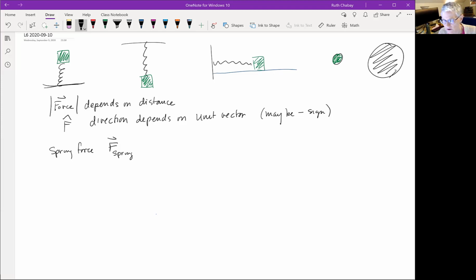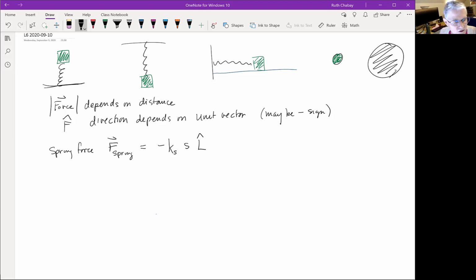This would be the force that one of these black springs exerts on the green object attached to it, is equal to a constant, and the constant is called K sub S, times a quantity S for stretch, times a unit vector L hat.